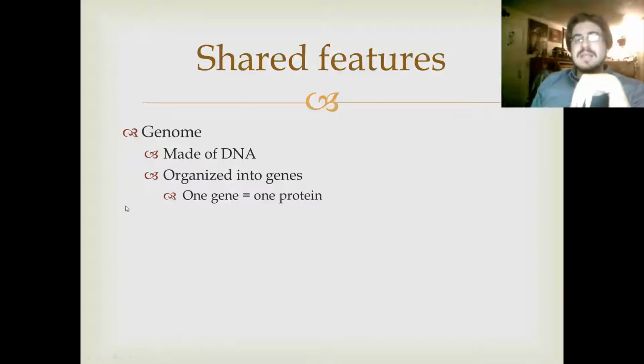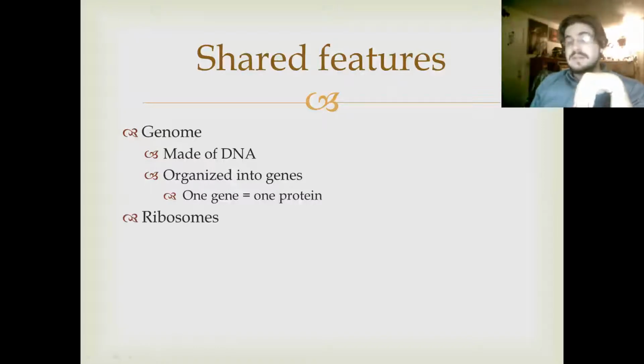So that is the basic organization scheme of the genome, of the genetic material of an organism. And whether it's prokaryotic or eukaryotic, if it's cellular life, it has a genome made of DNA that is organized into genes. And that's important because each gene has the instructions for a protein.